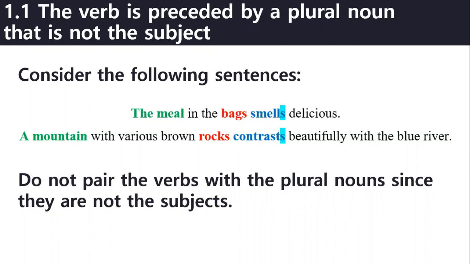Do not pair the verbs with the plural nouns since they are not the subjects. You can see that the subjects are the words in green, the meal and the mountain. And even if we have bags and rocks as plural nouns preceding the verbs, the verb still agrees with the subject, meaning that it takes S in this case.